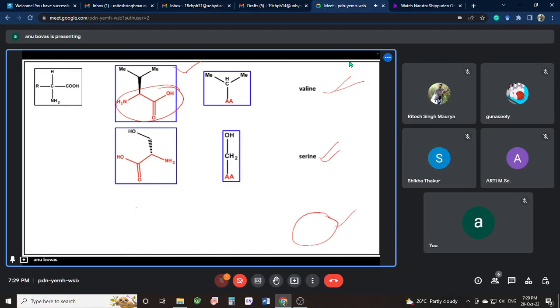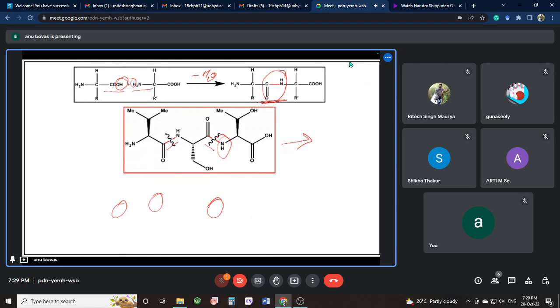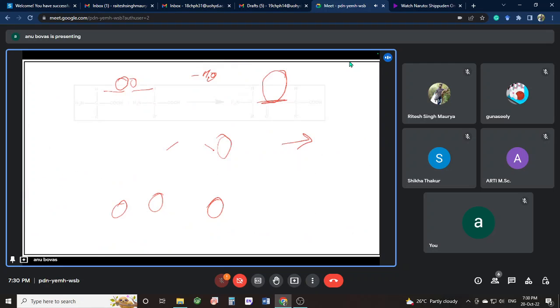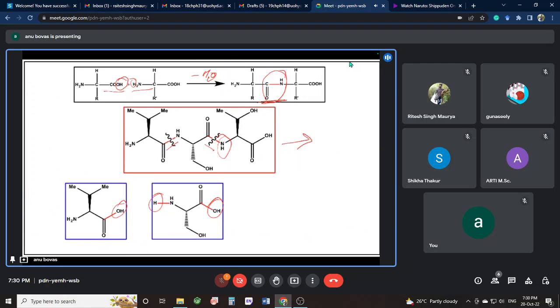I will show you. This amino acid you can take screenshot, otherwise it is available in Google also, but still you can take screenshot and then it will be easy for you to learn. Okay, if it is clear, then we can move to the next question. If you have any doubt, you can ask me. Okay, stop me in between.